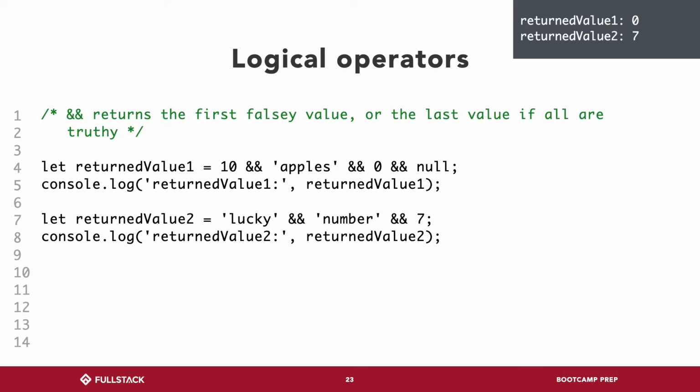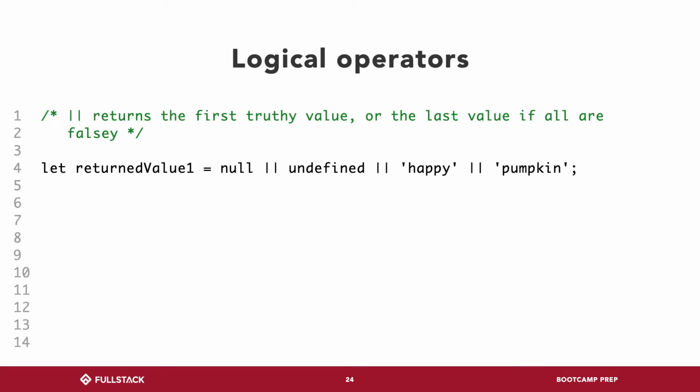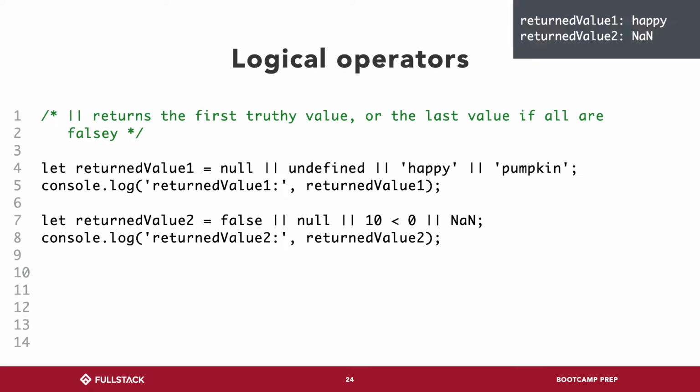And the same thing can be said for or, except it's opposite. And that makes sense too, because or will return the first truthy value it finds, or the last falsy value. So no, undefined, happy, pumpkin, you get happy. Right? Because in an or statement, only one thing has to be true for everything inside the if block to run, if you were using the ors in an if statement.